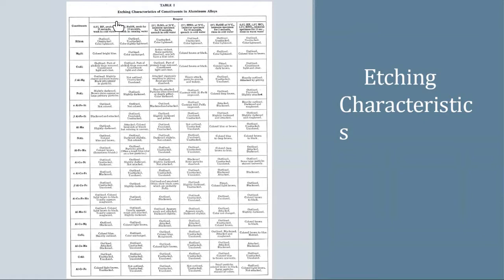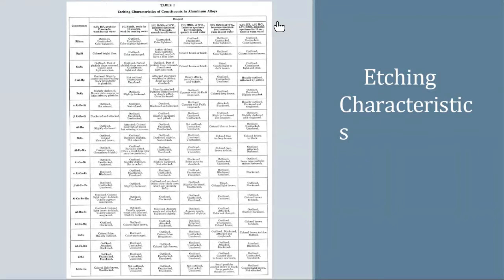So if I use a hydrofluoric and I'm looking for an iron aluminum intermetallic, the hydrofluoric is going to slightly darken it and it's going to look like it's got brown stains. Whereas if I use Keller's reagent, it looks outlined, it's going to be uncolored, and it's going to be slightly attacked. So in reality, it's going to matter what you are looking for when dealing with aluminum products.